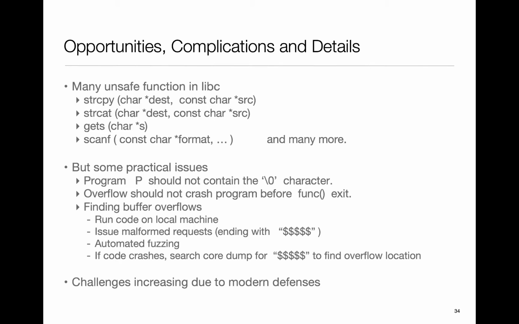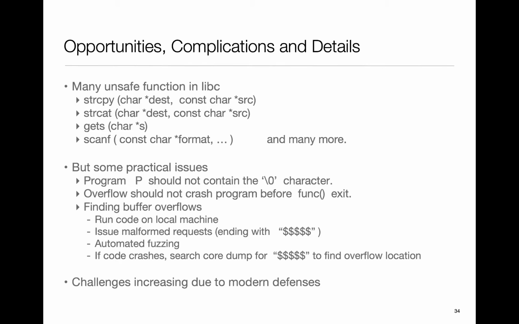So one way you can do this is, if you do have the code, you can run the code on your local machine, because if it's a web server, they would obviously be trying to detect if somebody is trying to perform these types of attacks. But if you run it on your local machine, you could, for example, issue some malformed requests that end in, for example, a bunch of $ signs.